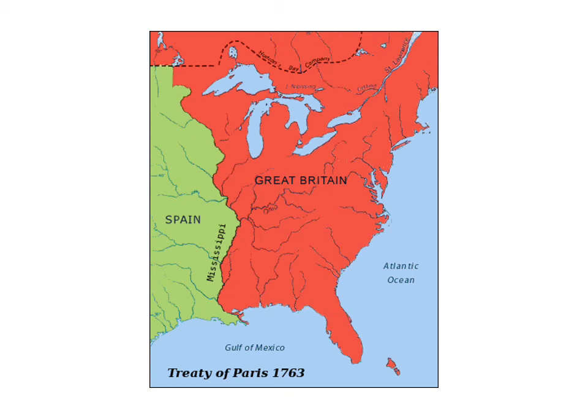You see that huge increase in the size of Great Britain's colonies in North America, and also acquired the area in Canada to the north. To the east of the Mississippi River, there was a deal struck where Britain gave that land to Spain, and in return, Spain gave Great Britain what is now Florida.